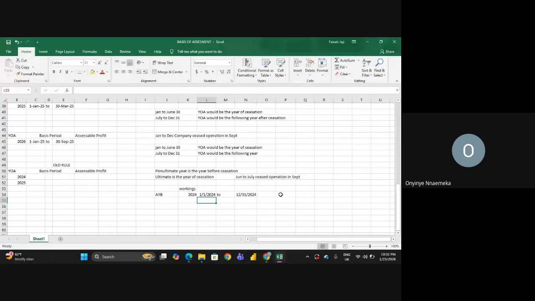Whatever you have here, let's say 20K, write it. 20K, no more. Calculate along. Then you are going to do what? Preceding year basis. Preceding year basis will now follow the normal accounting year end, which is going to be from June.